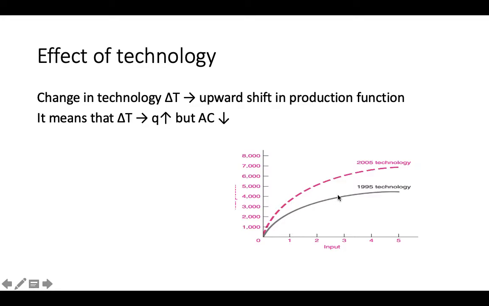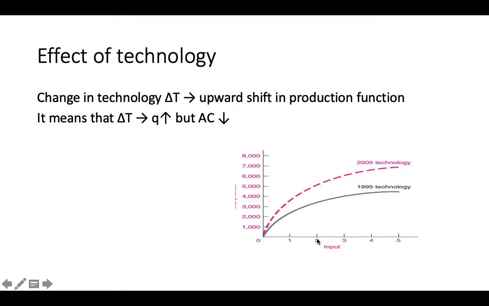Now, to include the effect of technology, there is an upward shift in the production function from 1995 to 2005, which means that more can be produced with the same level of input. Now, if we are considering two inputs, previously it was able to produce 3000 units of output.